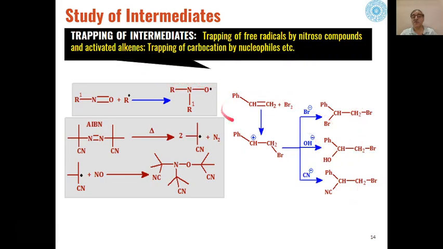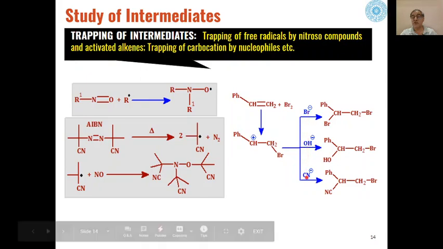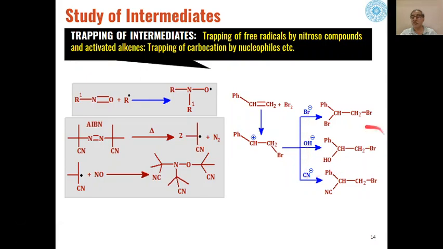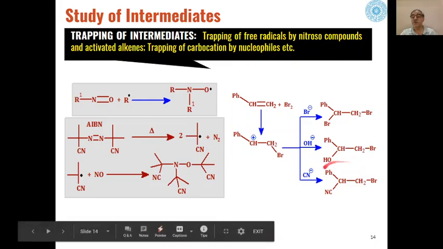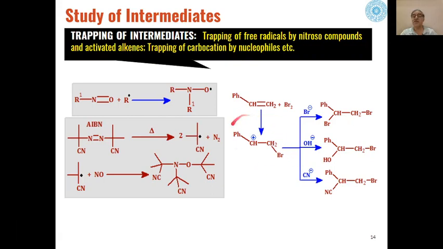For example, if this alkene is involved in the bromination, this type of intermediate is formed. Formation of this intermediate is proved if we react this with different nucleophiles, and we will get these types of products correspondingly. And formation of these products can only arise if this type of intermediate is involved in the reaction.